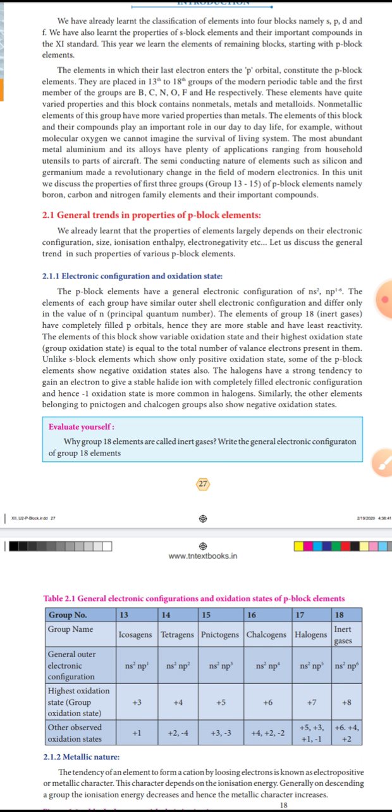These elements include boron, carbon, nitrogen, oxygen, fluorine and helium respectively. The p-block elements are the 13th group to the 18th group in the modern periodic table.